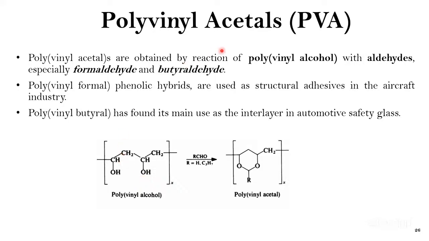So these polyvinyl acetals are made by substituting, or by doing the copolymerization of polyvinyl alcohol with some other alcohol or the acetate group, or with an aldehyde, basically formaldehyde or butyraldehyde.